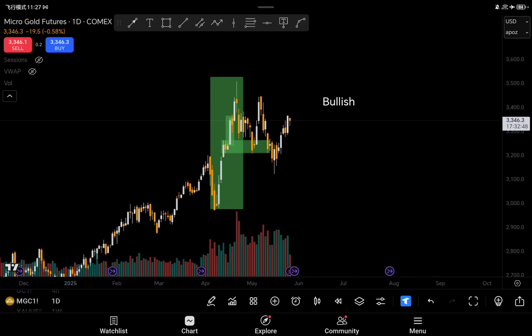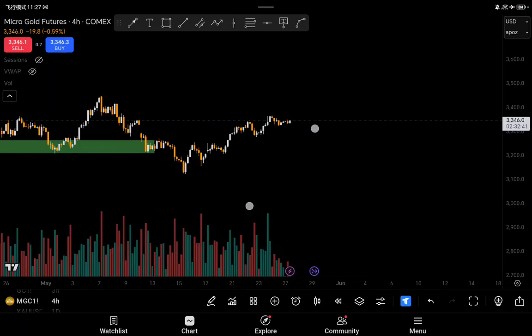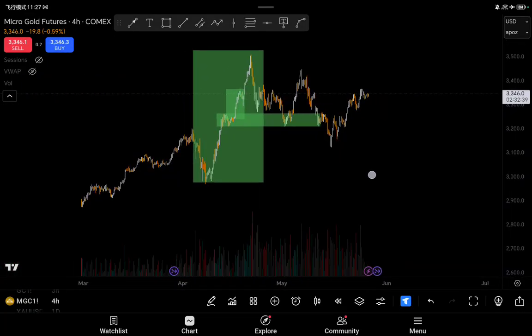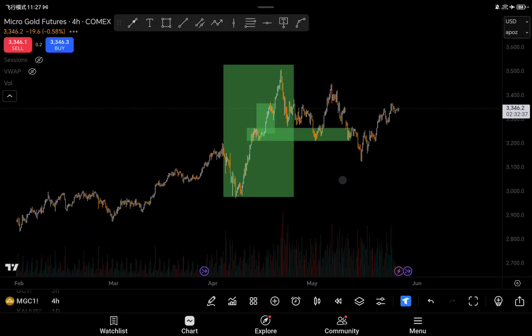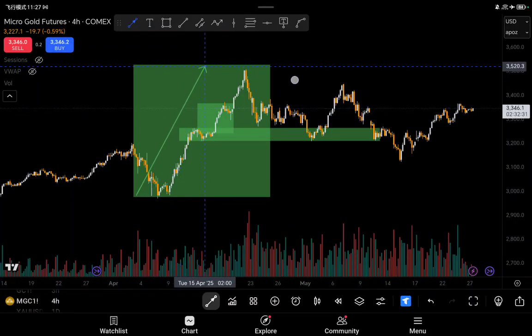Then we go down one time frame lower, H4. The same thing. What we want to see is how the market formed this bullish push from here to here. This is what we call a primary move. How was it formed? That means there's a very big push in this entire move.